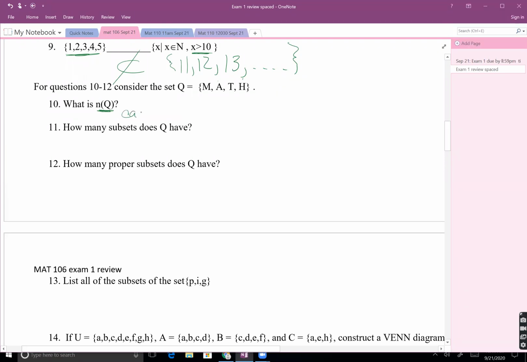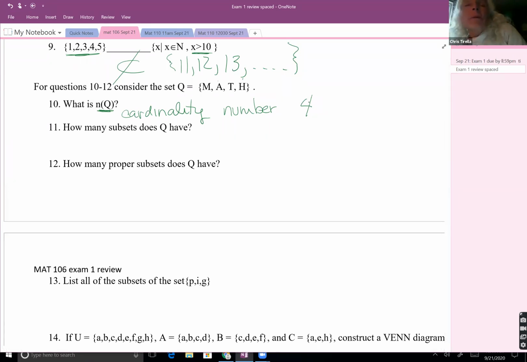Yes. And that would be 4, right? I think of it as n standing for the number of things inside Q. So the answer is 4. And is everybody right? That's just the number 4. If you were to put that 4 in braces, it would be wrong. We're just counting up. There's 1, 2, 3, 4 things in there.